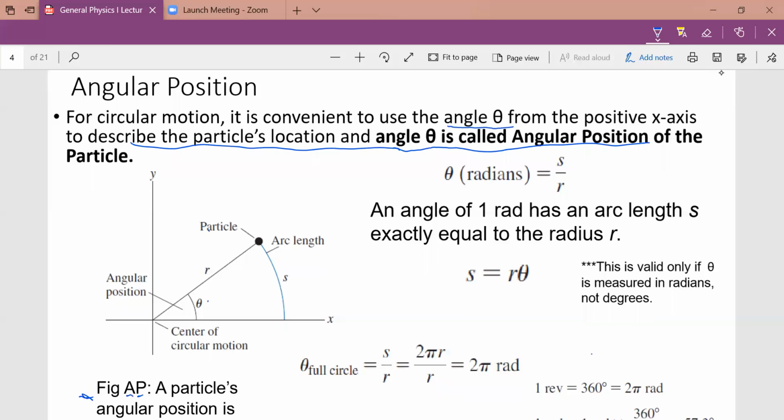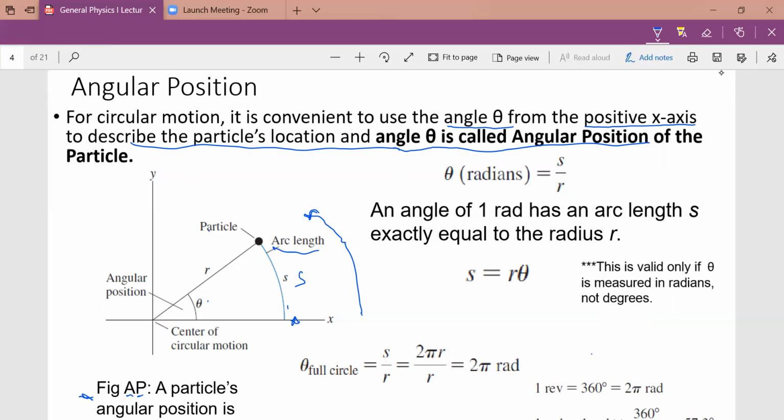So we see the angular position, which is the angle theta describing the position. We take the position from the positive x-axis, so the motion proceeds in this direction. We have the distance moved along the circle as s, which is the arc length.